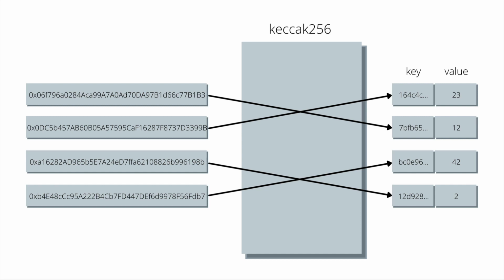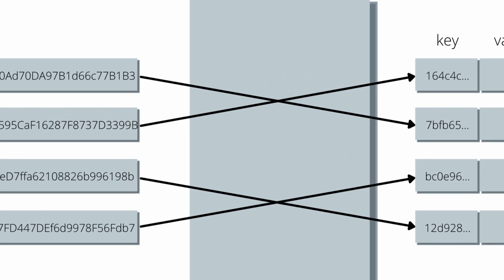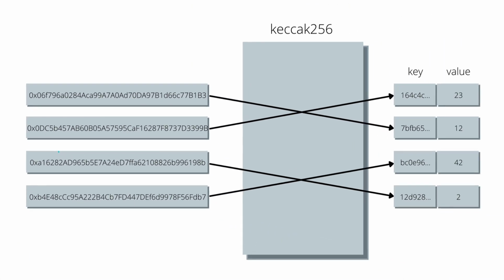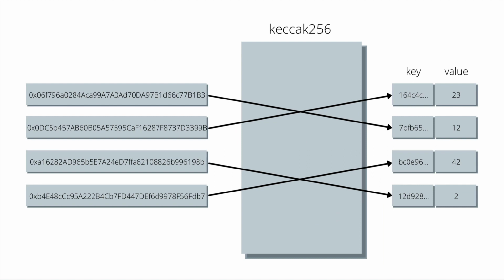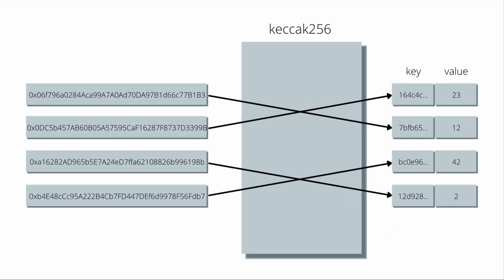So, what is the advantage of all of this? Well, it allows for very efficient storing and reading of data. Imagine you want to write the value 2 for the A16 address. With a hash table, storing the value is a quick two-step calculation. First, calculate the hash, which will be 12D, and then write the value 2 at the storage address 12D, which is the hash we just calculated.